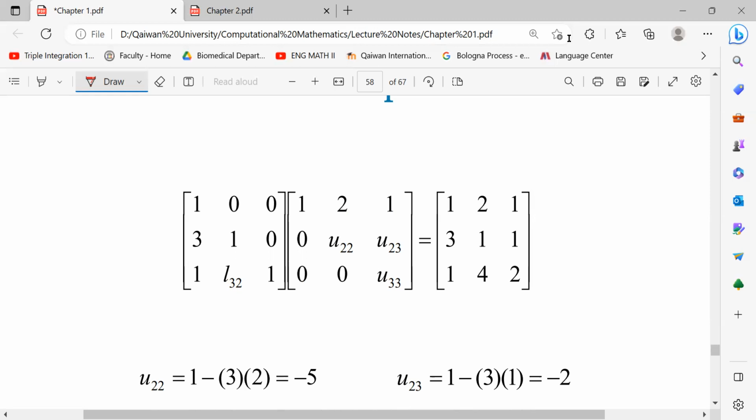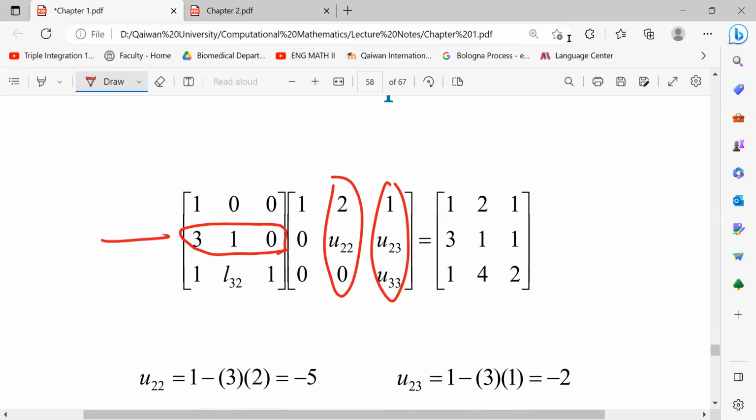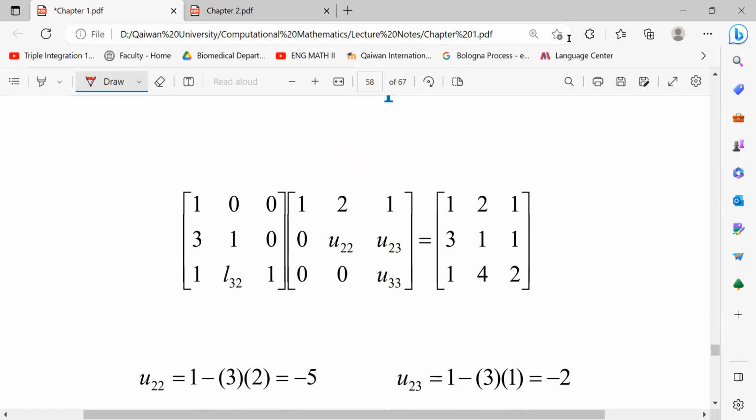Then, in the third step, we multiply only the second row by the second column and by the third column. We multiply the second row in matrix L by the second and third columns of matrix U. Let's see what we get.